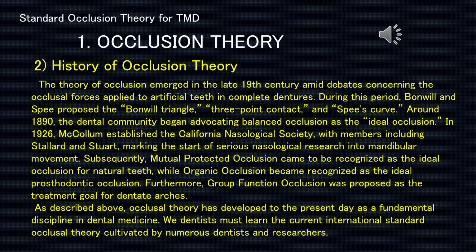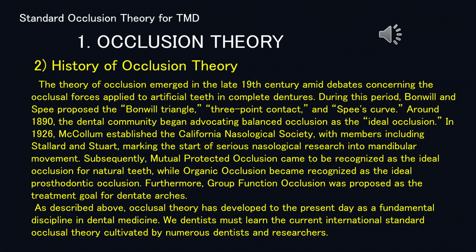In 1926, McCollum established the California Gnathological Society, with members including Stallard and Stuart, marking the start of serious gnathological research into mandibular movement. Subsequently, mutually protected occlusion came to be recognized as the ideal occlusion for natural teeth, while organic occlusion became recognized as the ideal prosthodontic occlusion.